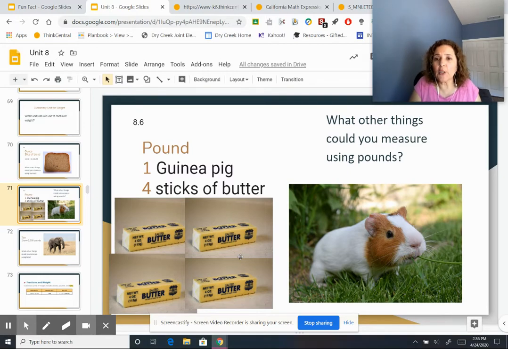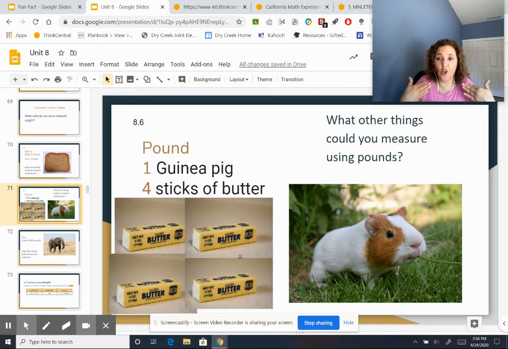What are some of the things that you can measure using pounds at home? What else would you weigh that would be about a pound? Stop the video, write some stuff down, and then we'll come back and share. Okay, if you said a book, a book is about a pound. If you said chicken that comes in packages, that would probably be in pounds.